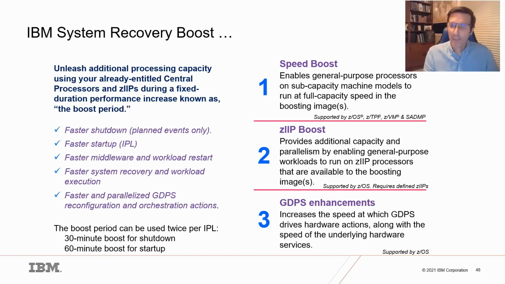Then, when you IPL, you will have 60 minutes of boosting period, of which the speed boost, the zip boost, or both of those boosts can come into play to help you increase the speed of the engines that you're running, as well as the parallelism and having more engines to process this work.